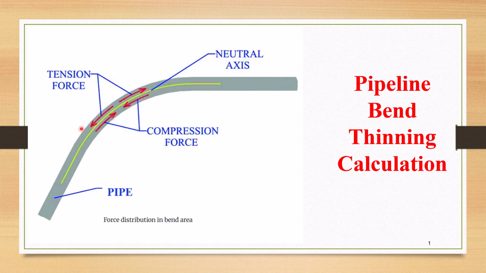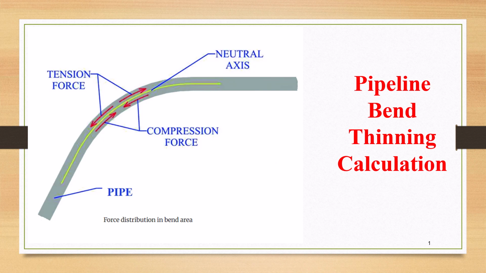Now, due to this elongation, the pipeline thickness will reduce, and we have to perform a calculation known as pipeline bend thinning calculation to ensure that after bend thinning also, the thickness available is acceptable from a design integrity point of view.